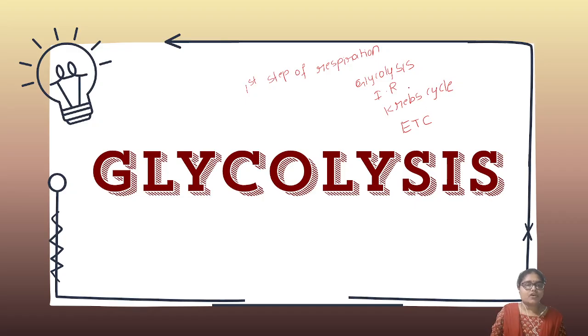Through these series of steps, we liberate energy in the form of ATP. ATP is the energy currency of a cell. This ATP is derived from complex molecular substances, which are broken down into simpler molecular substances like glucose, galactose and fructose.